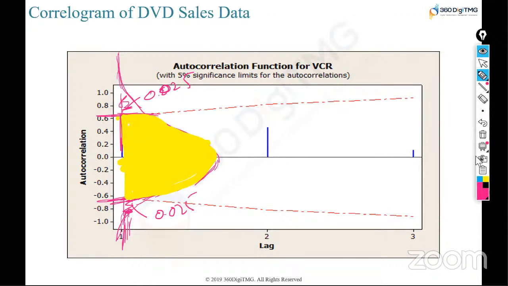Now, when I look at this particular value, at the left extreme, in the concept of the p-value, this area is greater than 0.05. Is it making sense?